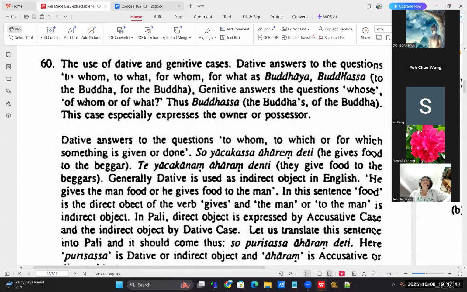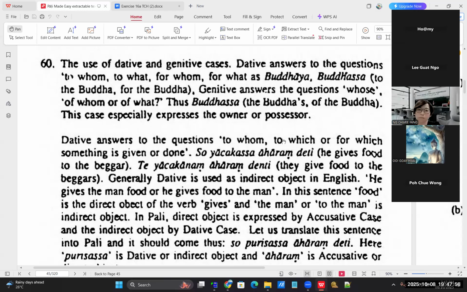Aharam is the direct object. You can all write down: aharam is the direct object. Yachakasa is an indirect object. Right? Aharam is the direct object. Direct object means the first thing that you can see. He gives food. So to the beggar is the indirect object. That's how we say there are two types of object here.